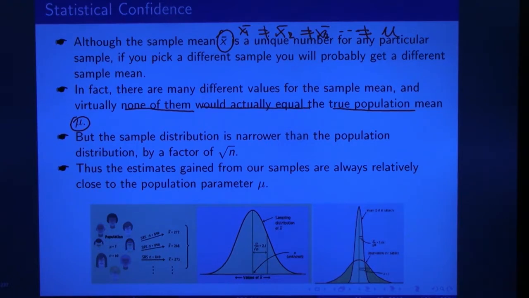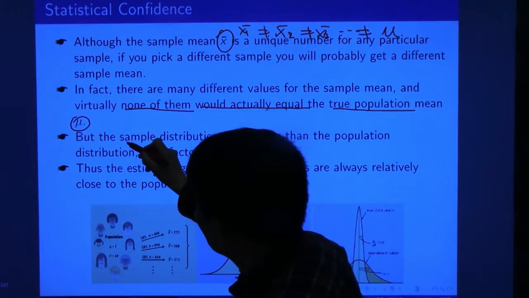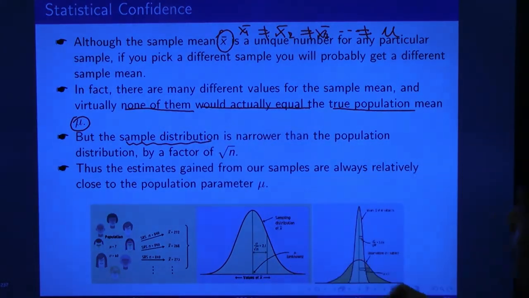So how can we draw a conclusion about the population mu if all these sample means will not be equal? From the last chapter on the sampling distribution, we have good news, because the sampling distribution is narrower than the population distribution by a factor of the square root of n.